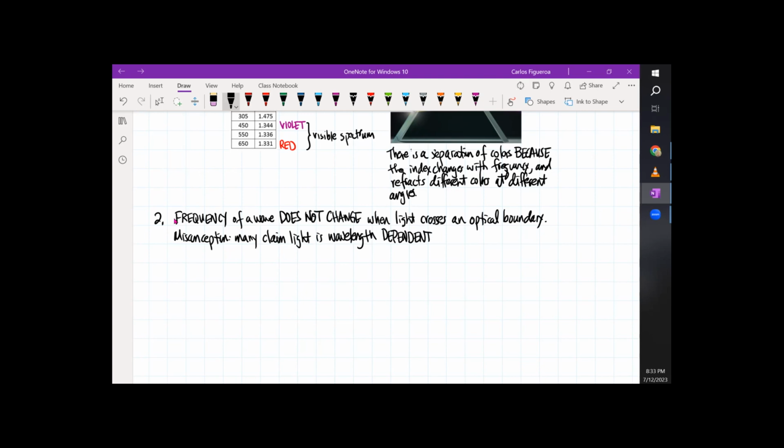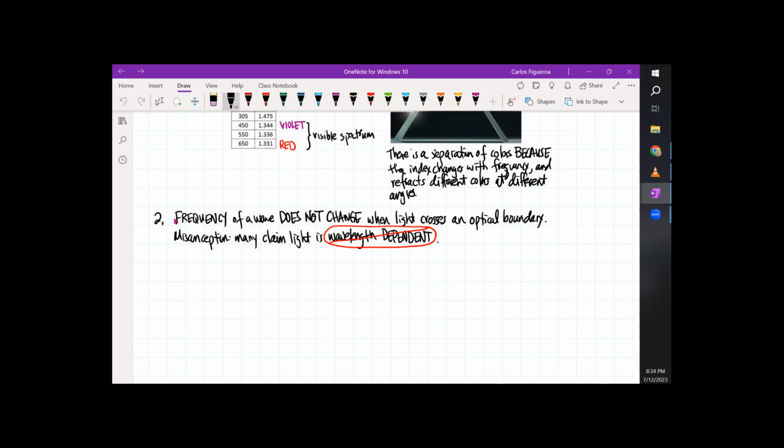Okay? Light is wavelength dependent. And what I'm saying is it is not wavelength dependent. It depends on frequency.